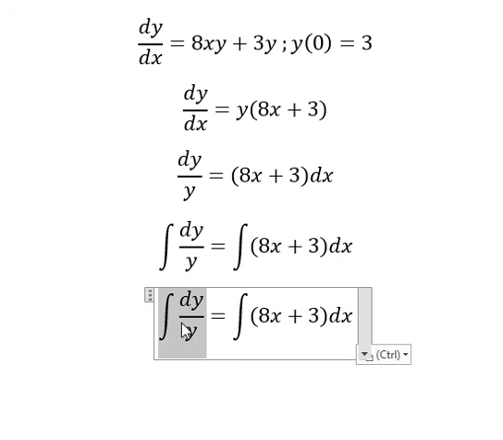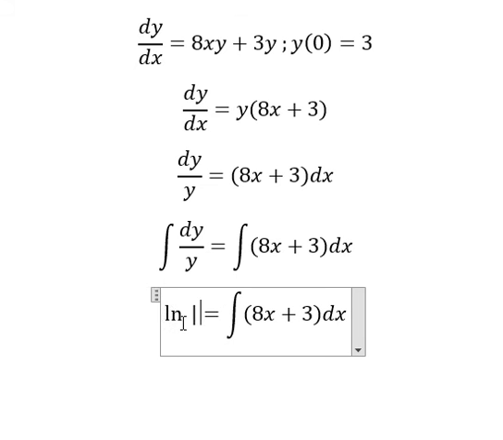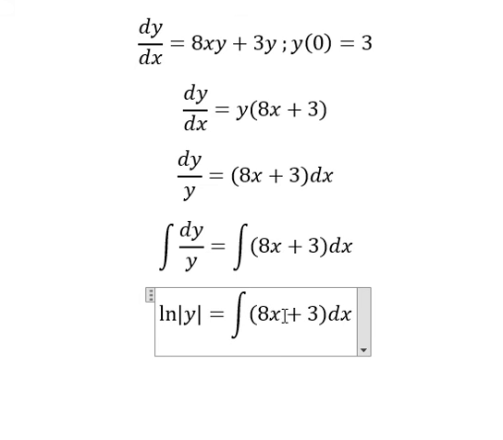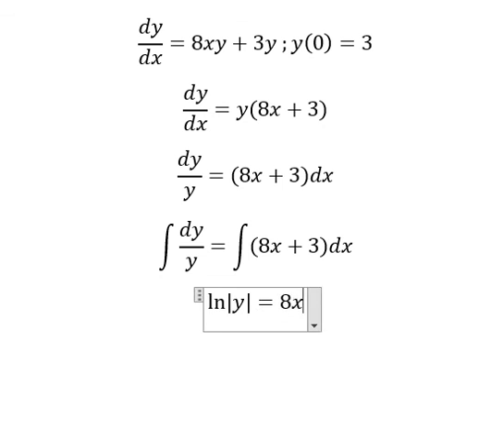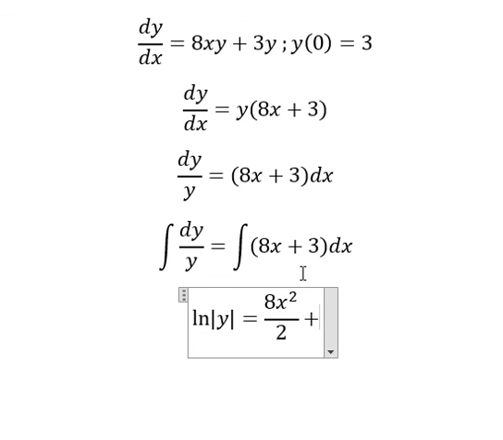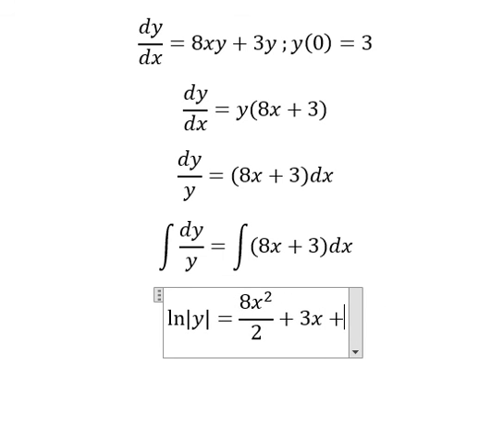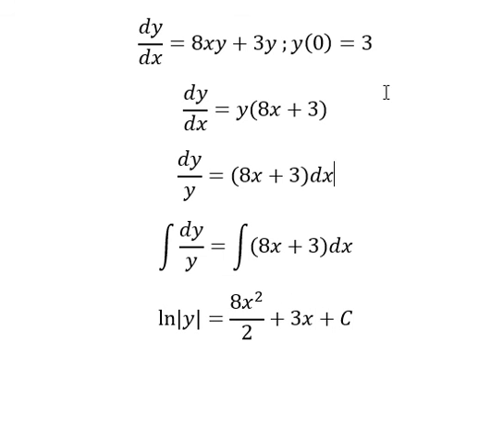So this one, we have ln of the absolute value of y, the integration of x, that is x squared over 2. Number 3, we have 3x, and I will put plus c.